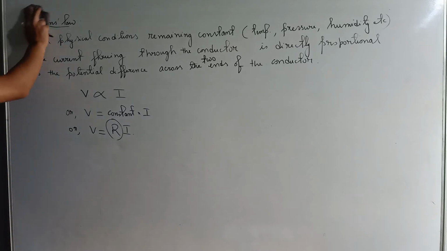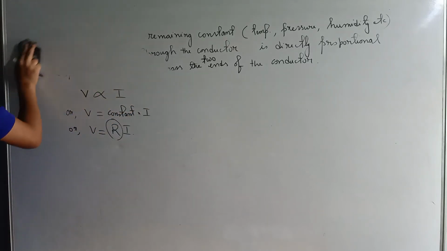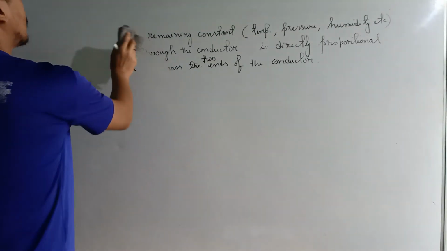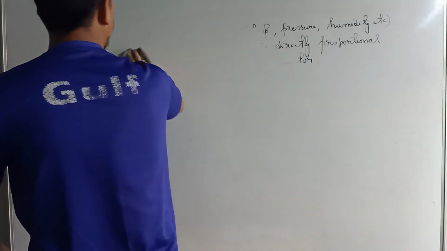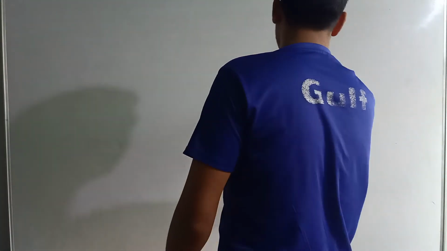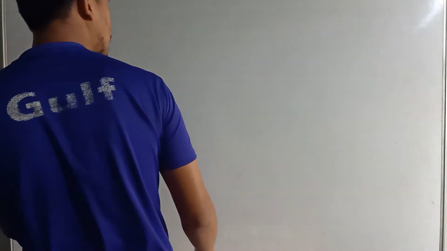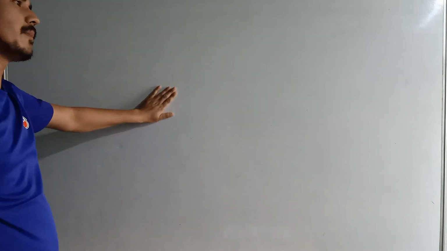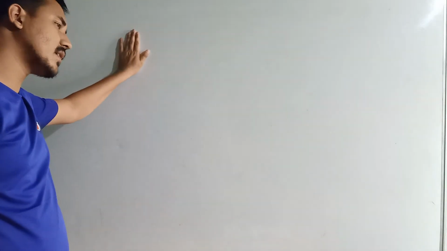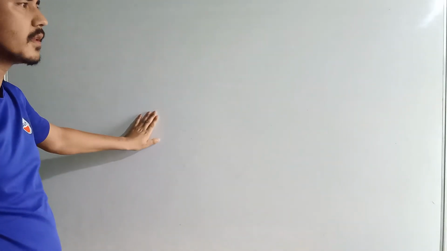Now let us try to prove Ohm's law. In order to prove Ohm's law, we need to recall the first video that I have uploaded for this chapter 3, current electricity, where we discussed drift velocity through the classical story of electric current. We have also discussed the relationship between electric current and drift velocity.